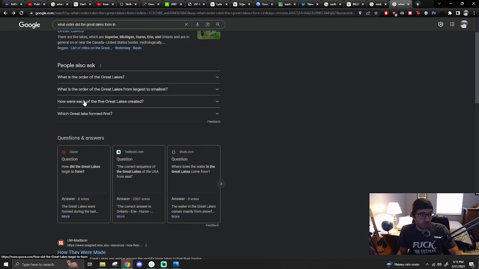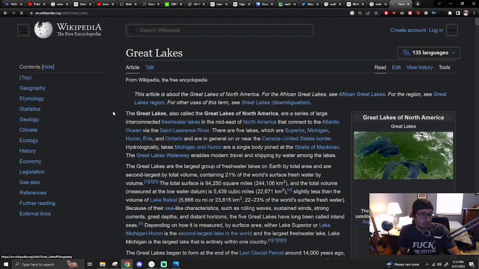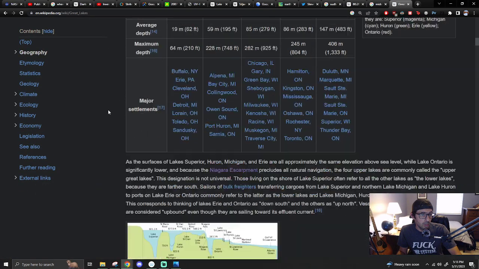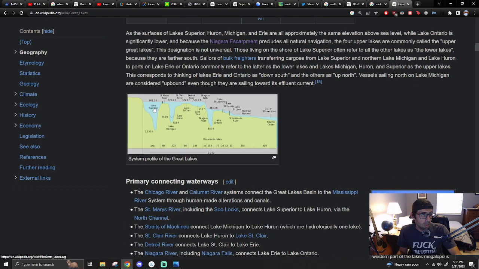Maybe in a technical paper I could find some detail like that. Superior, Michigan, Erie, Ontario. Where's Huron? Oh. Lake St. Clair, Niagara River.